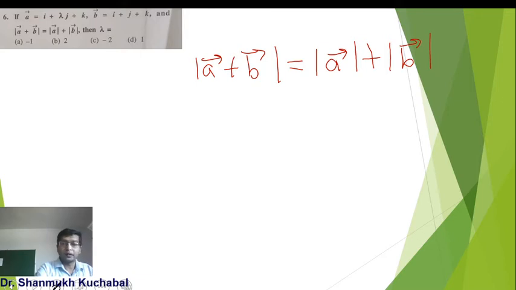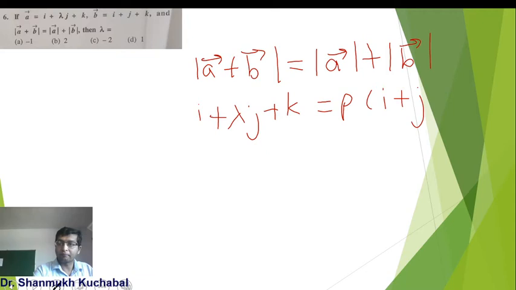So they are collinear. We are going to get i plus lambda j plus k equal to p times i plus j plus k. The first one is given.